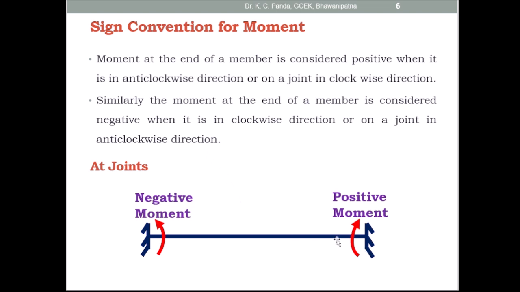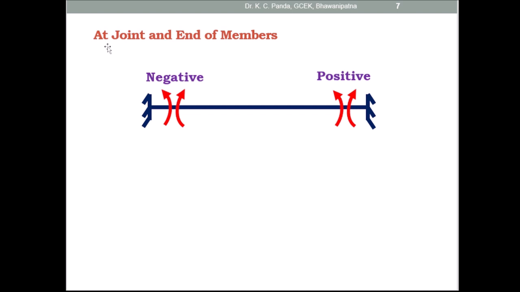So this is the joint, this is the fixed beam, this is the joint. So here at the joint, this is clockwise, so this is positive. Here at this joint, this is anti-clockwise, so this is negative moment. Similarly here at joints and ends of members.